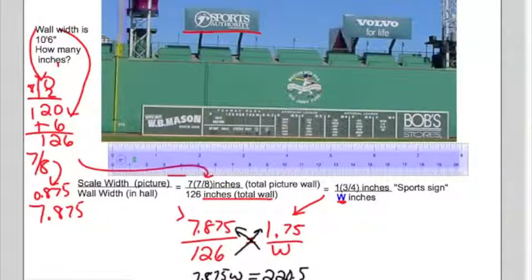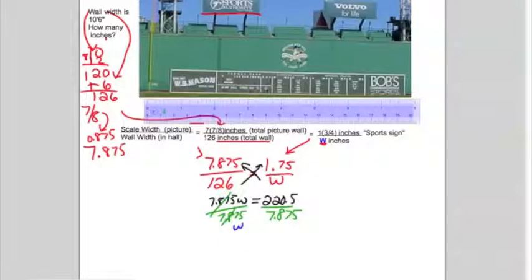Again, it's back to the basics. I have on the left-hand side W being multiplied by something. To undo that, divide by 7.875. Those cancel out. You're left with W. W equals 220.5 divided by 7.875.